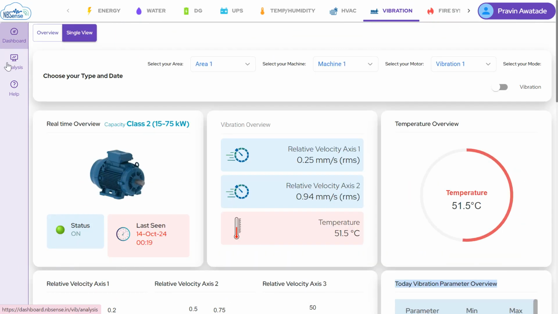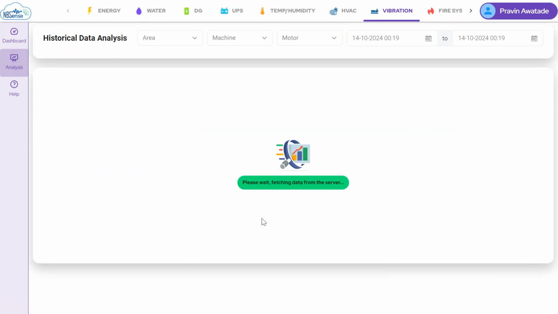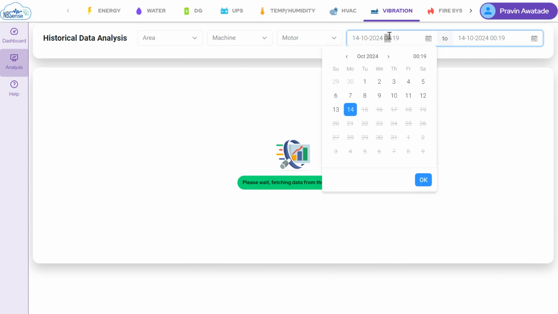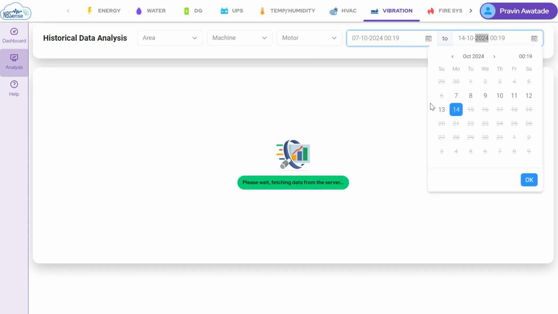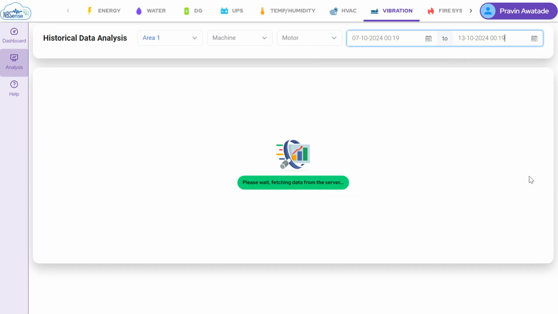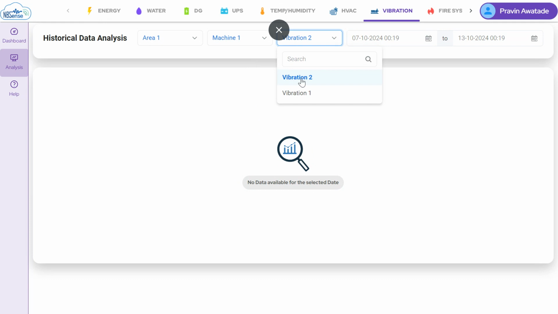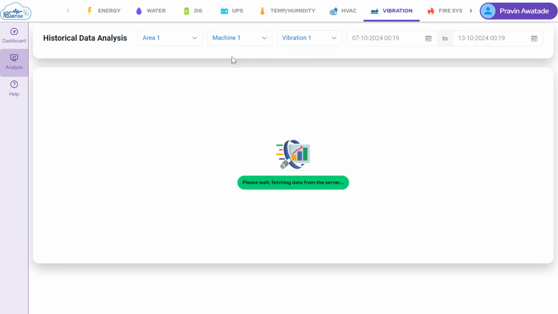We can do a particular selected period, for example, one week analysis. Suppose I am selecting 7 to the 13th. If I select the machine motor and all, this is fetching data from the cloud, where we can see that selected period's vibration trend for the selected time.